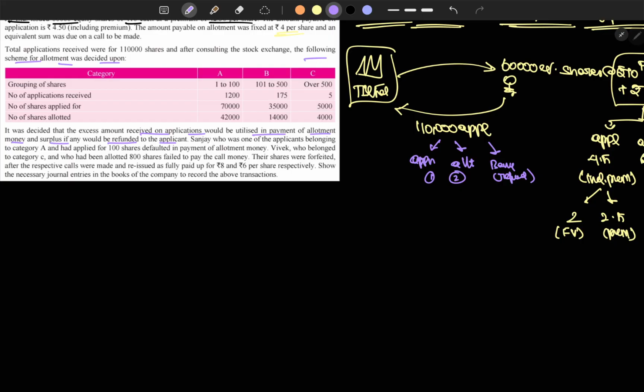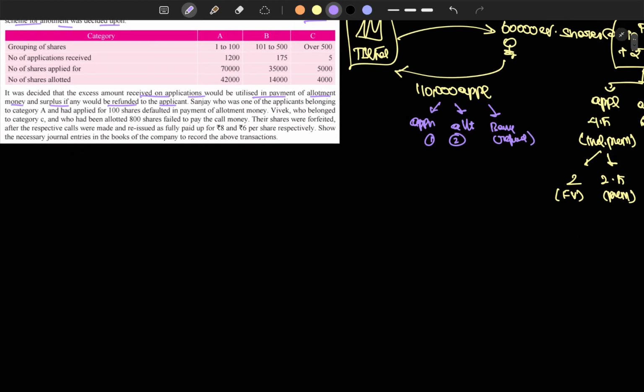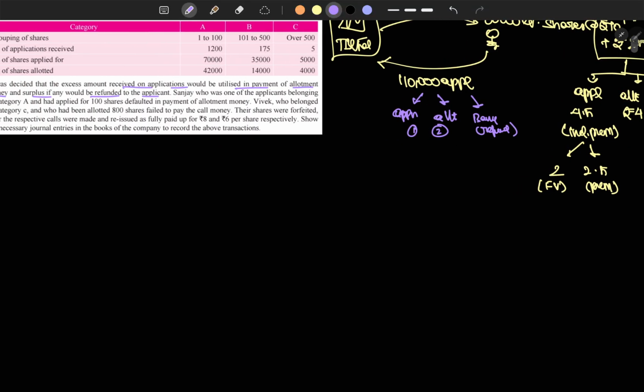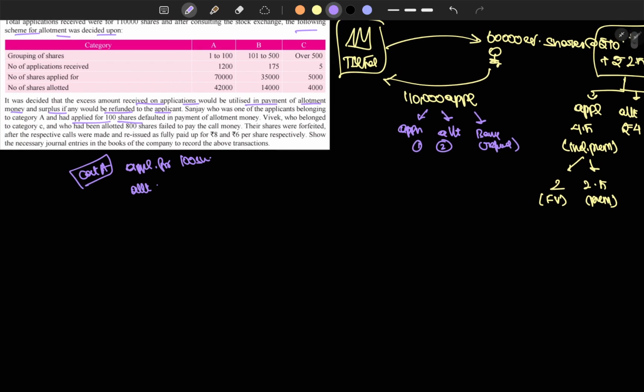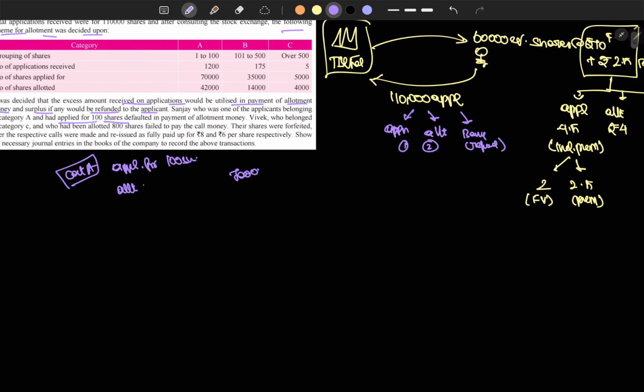Sanjay, who was one of the applicants belonging to category A, applied for 100 shares. How many shares would he have got? He belongs to category A, and he applied for 100 shares. 70,000 shares were applied in total, and only 42,000 shares were allotted.